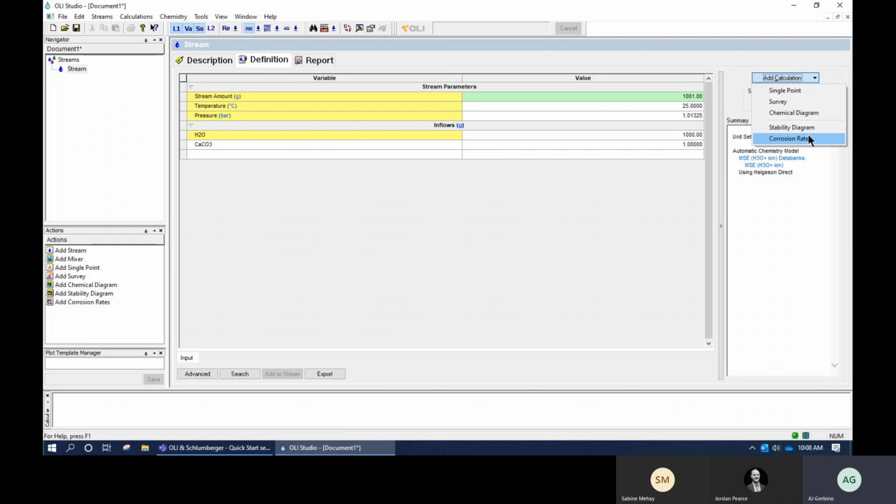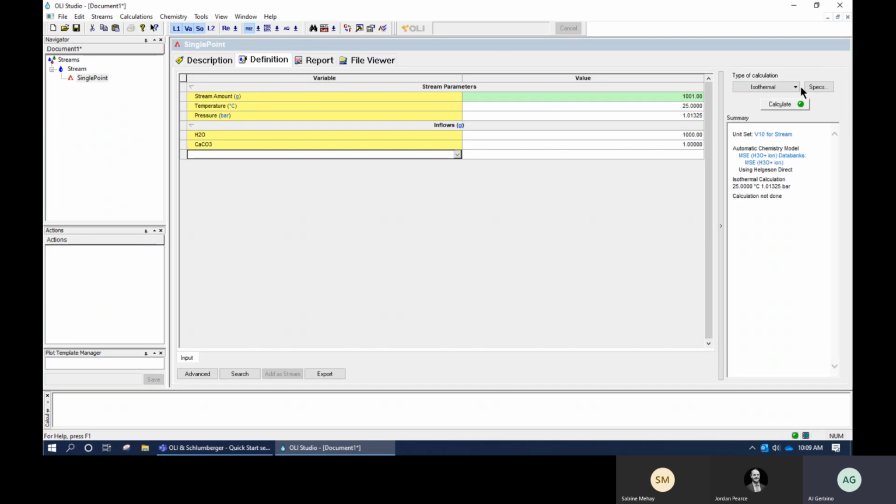But the most common one to use is called a single point calculation. So I'm going to click on Add Calculation, Single Point. When I do that, I can see that on the left side in the navigator panel, an object appears underneath that stream. And that object contains the same information I entered above.